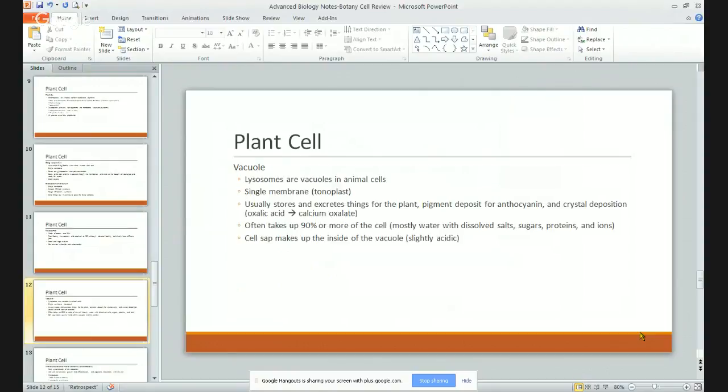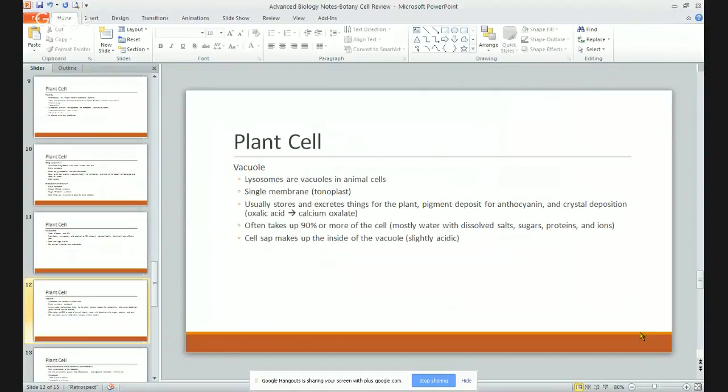Vacuoles are going to have a single membrane that's called the tonoplast. I've drawn that for you on the far right, on that back side of the doodles. You've got some cell sap in there, so it might have other things dissolved in the cell sap, like other nutrients, ions, things of that nature.